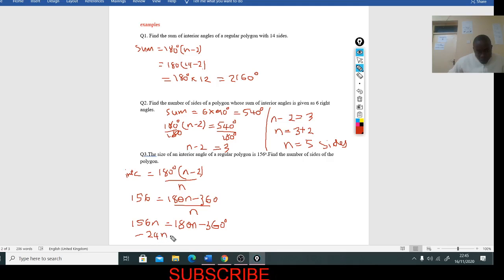So negative 24n equals negative 360 degrees. I divide by negative 24 on both sides.